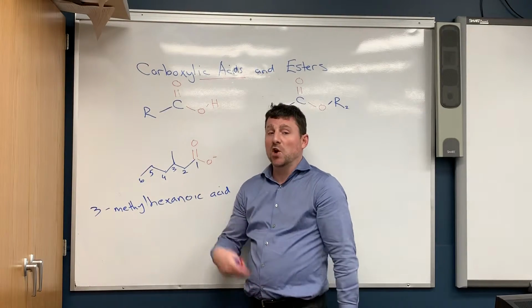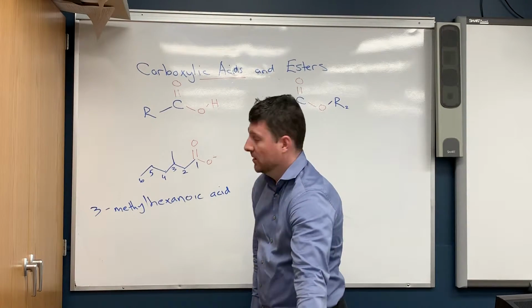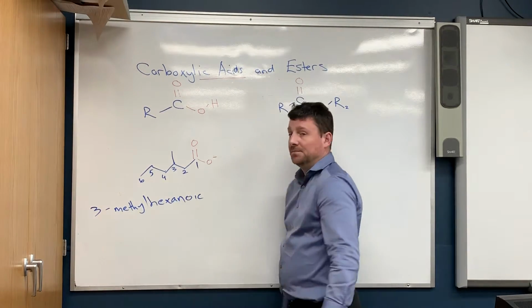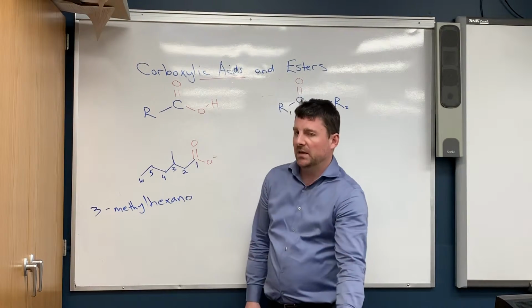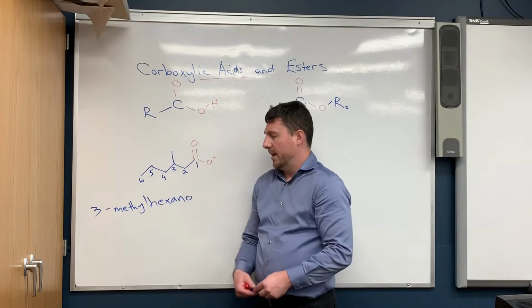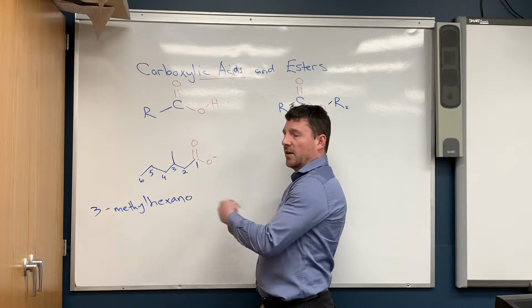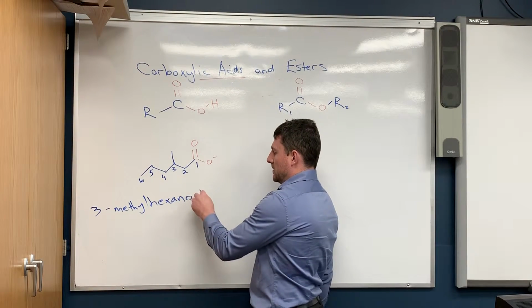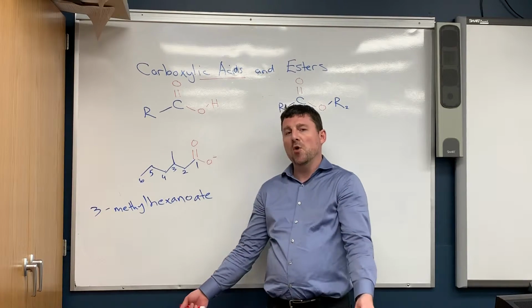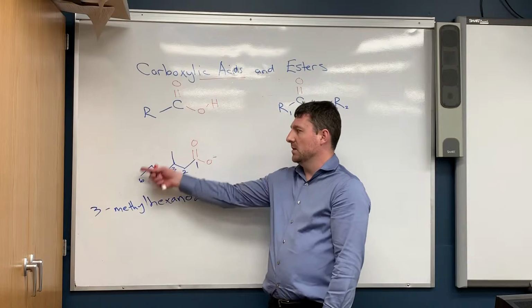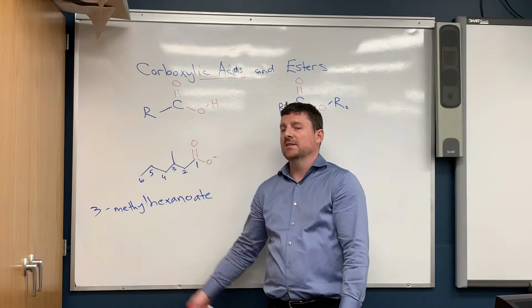So how do we name the conjugate base? It's not an acid anymore, so we can take away the name acid, and we take away the ic from ic acid. We leave the O, and all we do to name the conjugate base is just add ate. So this is now 3-methyl hexanoate. It's the conjugate base of 3-methyl hexanoic acid.